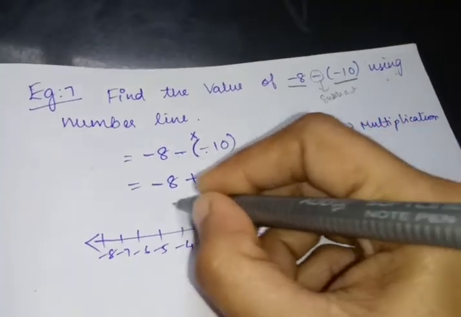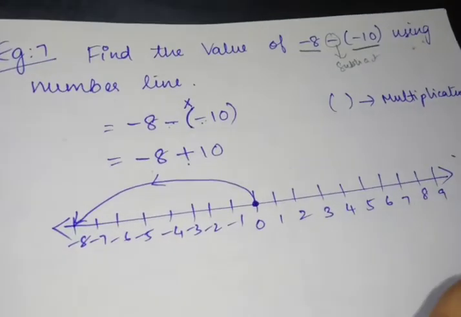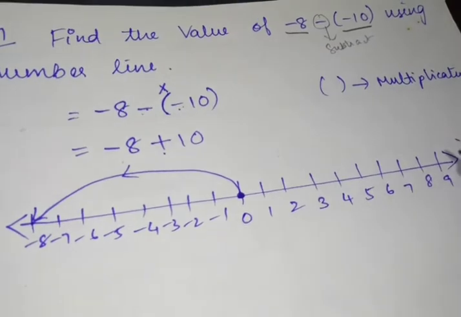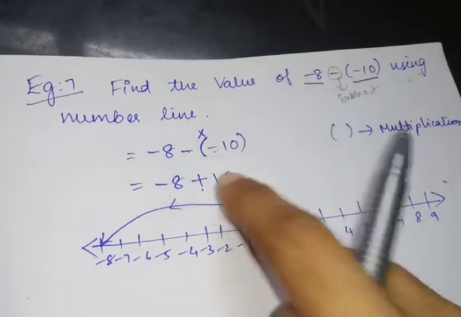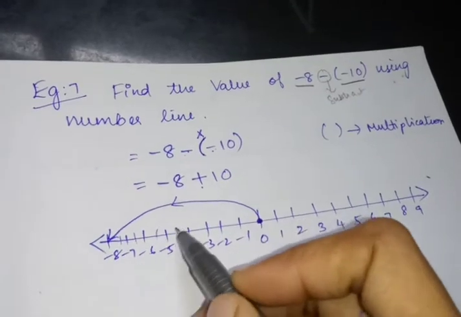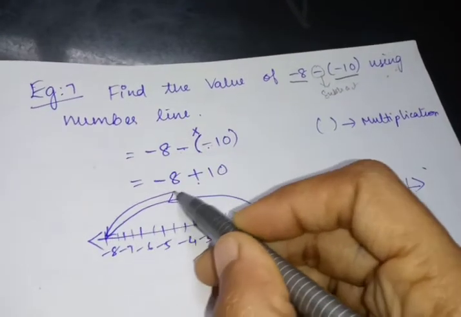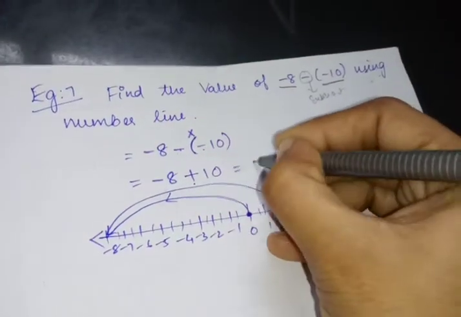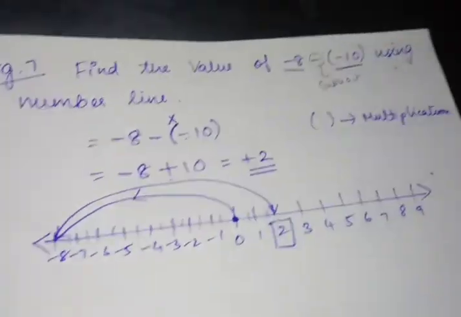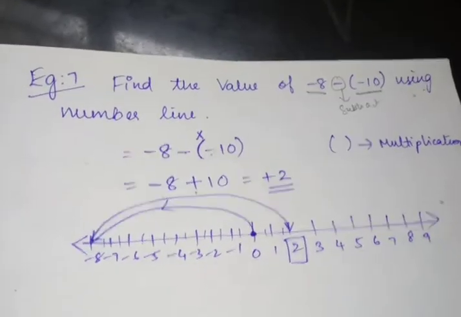Minus 8 means from 0 you will move towards the left side to minus 8. From there, plus 10: 1, 2, 3, 4, 5, 6, 7, 8, 9, 10. So you will reach 2. The answer is plus 2.